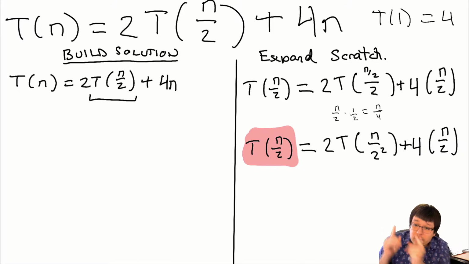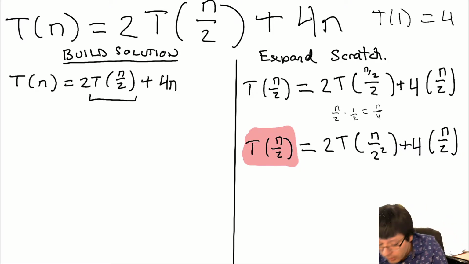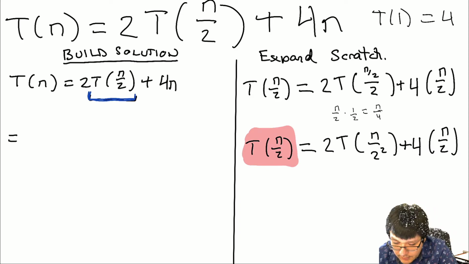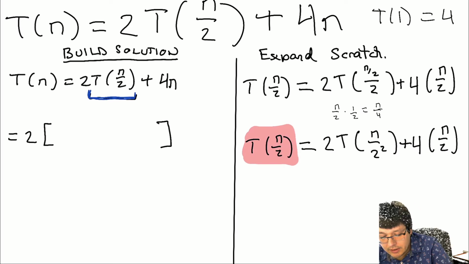So now let's go ahead and plug the scratch work into the area here. Our goal is to plug it in right there. How we're going to achieve that is I'm just going to say this is equal to, and then I'm going to put a 2 and put a big gap like that. I start zooming in so I don't run out of space.